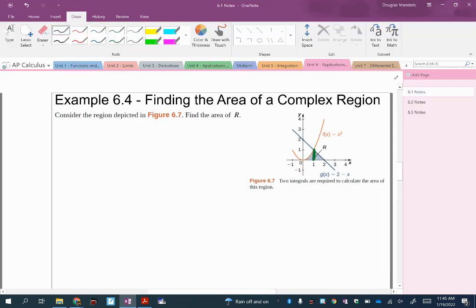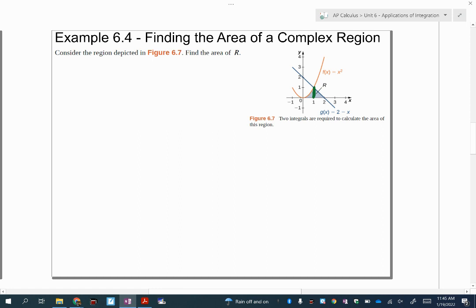So to find this area, I'm going to do two integrals. The first one is between 0 and 1 of x squared dx, plus the integral from 1 to 2 of 2 minus x dx.